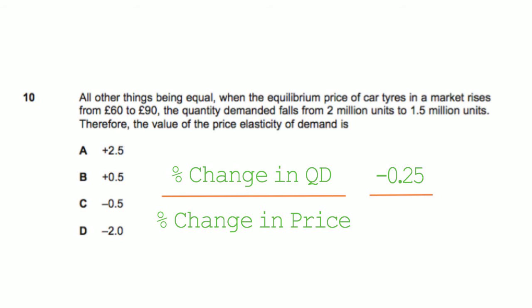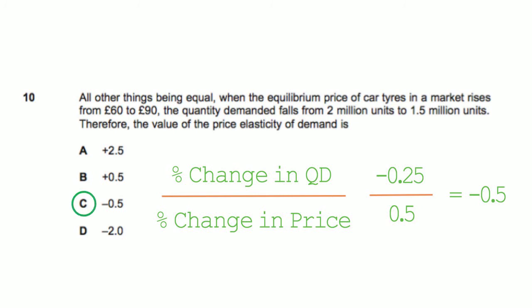We do the new price minus the old price divided by the old price. And that is 90 minus 60 divided by 60. And this gives us a value of positive 0.5 or 50%. Therefore, to work out price elasticity of demand, we do minus 0.25 divided by 0.5, and this gives us a value of minus 0.5. Thus, the answer for this question is C.